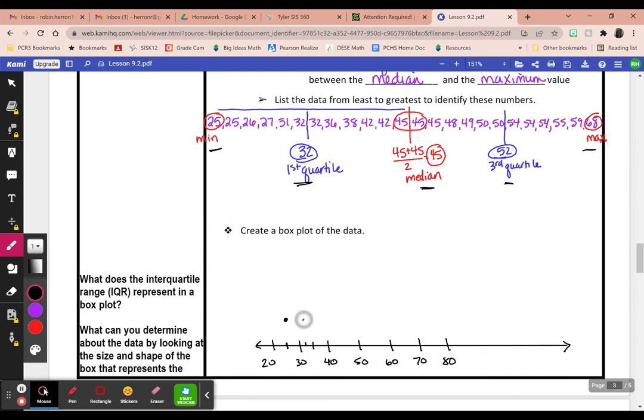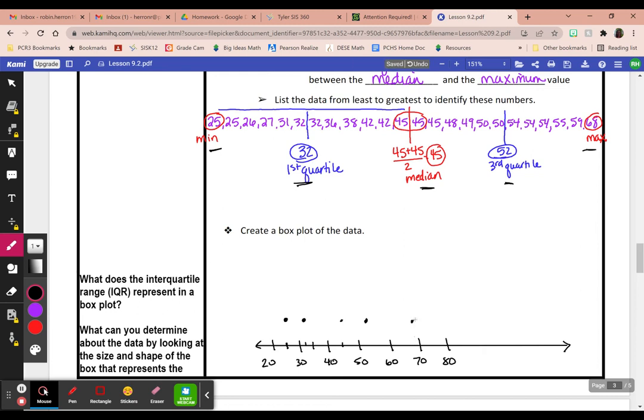So pretty close to that, right? Okay. Then my median is at 45, so halfway between there. I'm going to put a little dot there. Then I'm going to have my third quartile at 52, so close there. And my max is 68, so almost to 70.